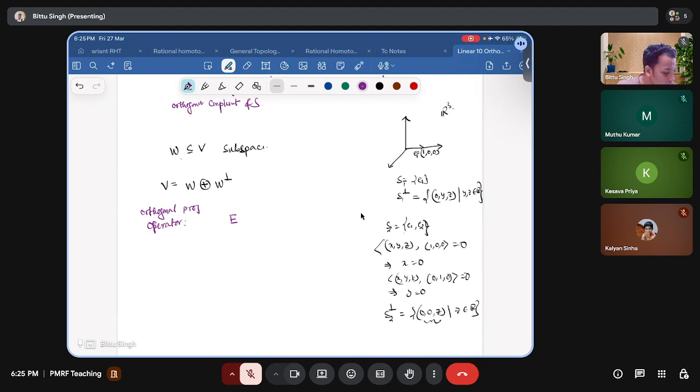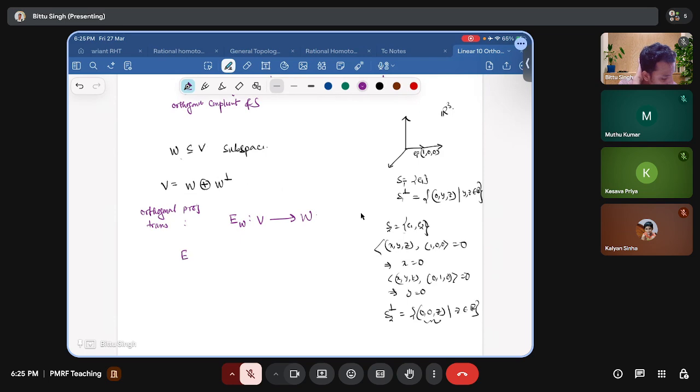So E_W, it is not an operator, it is a linear transformation. Let me define E_W as from phi to W. What is the definition of this?